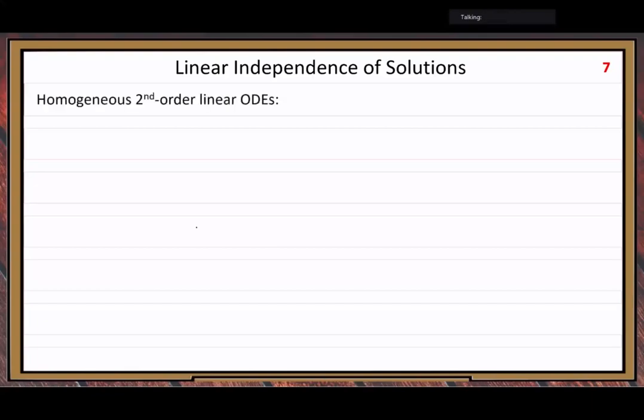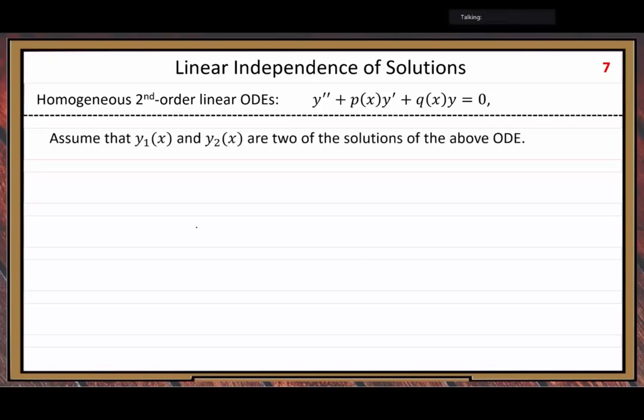Homogeneous second order linear ODE. We assume we have two special solutions, y1 and y2. Assume that y1 and y2 are two solutions of the above ODE, but whether they are linearly independent or not, we don't know.